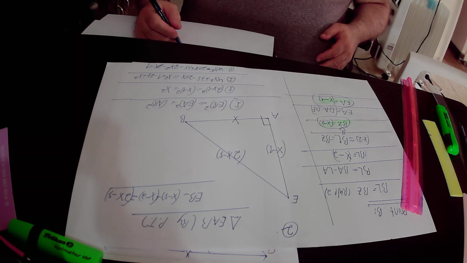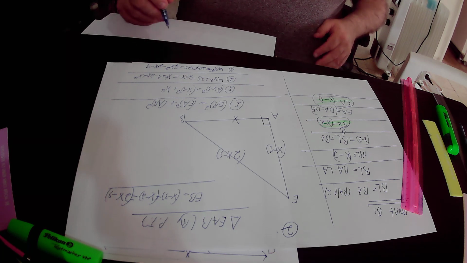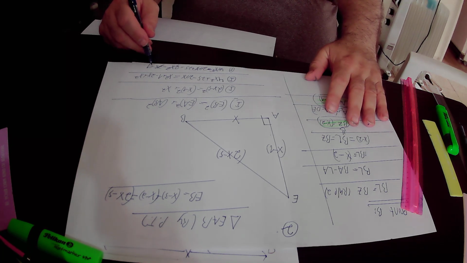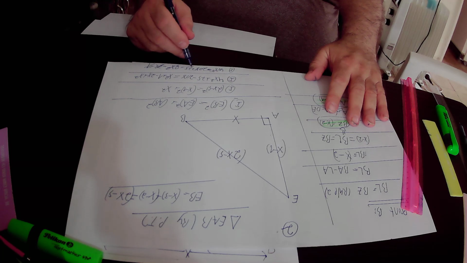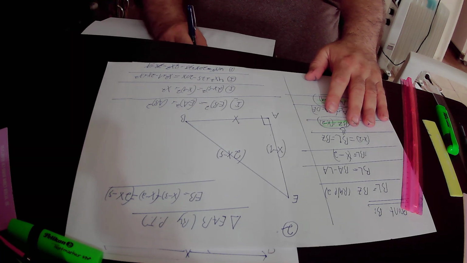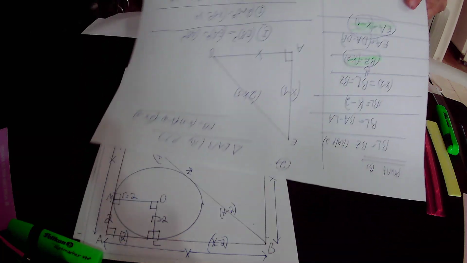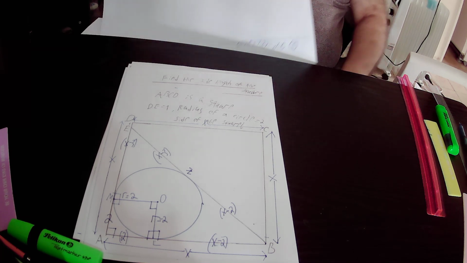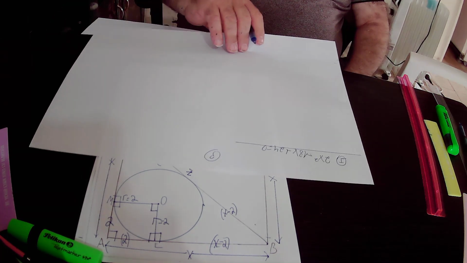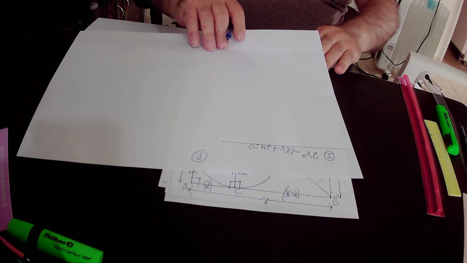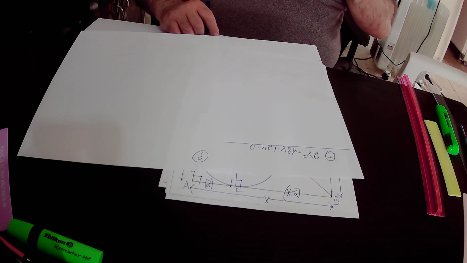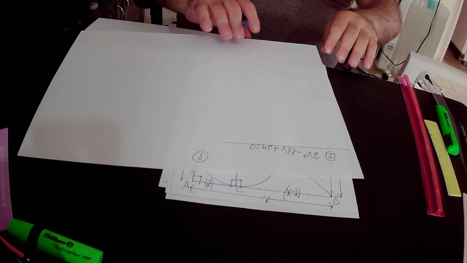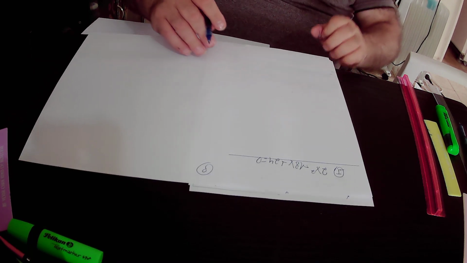We will subtract 1 from this equation number 1. 1 minus 1 is 0, and 25 minus 1 is 24. In conclusion, we found out that according to equation number 1, 2x squared minus 18x plus 24 equals 0.